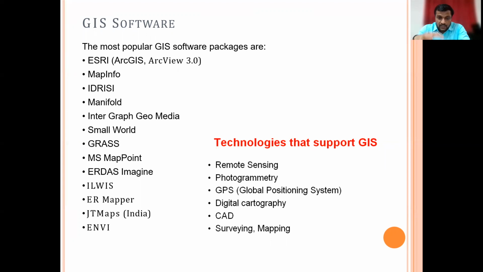So these technologies effectively support the GIS system, the geographical information system, and that is very useful. So we have multiple data sources from remote sensing, photogrammetry, GPS, and digital cartography that support the geographical information system for getting more detailed information.